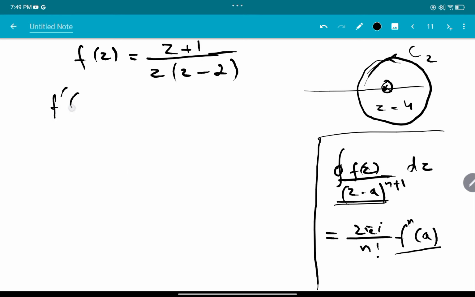f'(z) is equal to, let me first simplify it a little: z plus 1 divided by z square minus 2z.